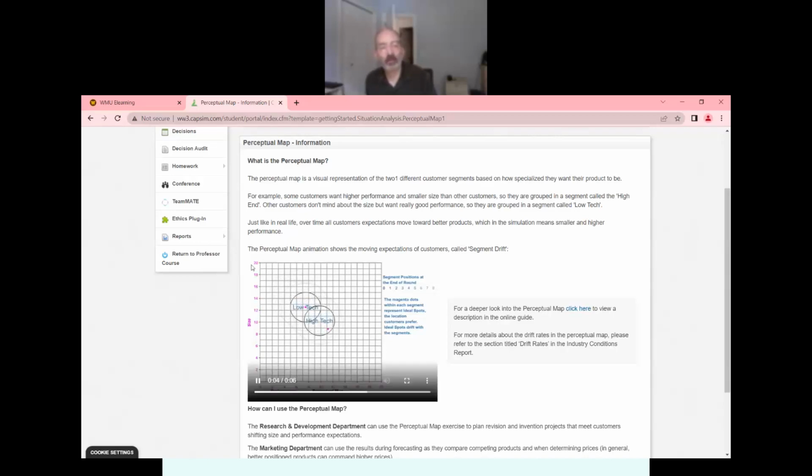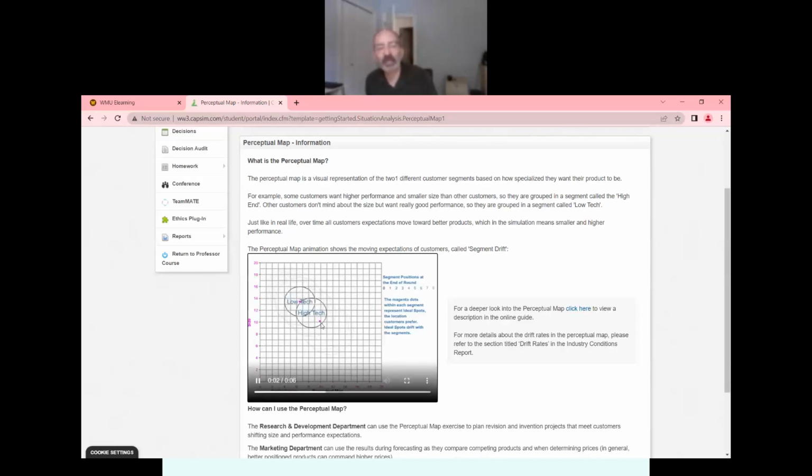They start off overlapping, and you have one product that's kind of in the middle that is appealing to both at the start. Over the 8 rounds, they spread out and they move down and away as customers want smaller, better performing sensors.